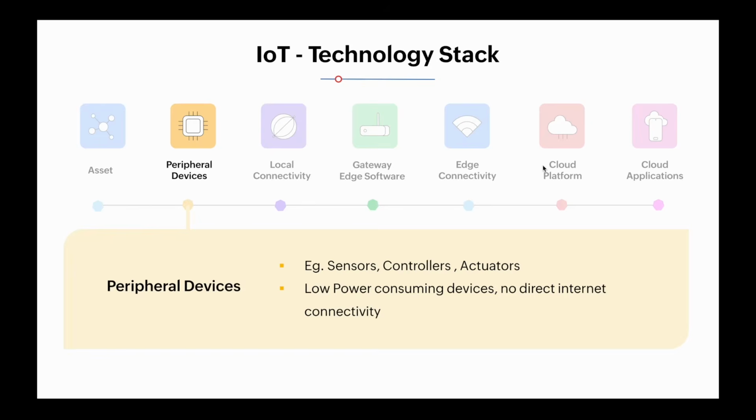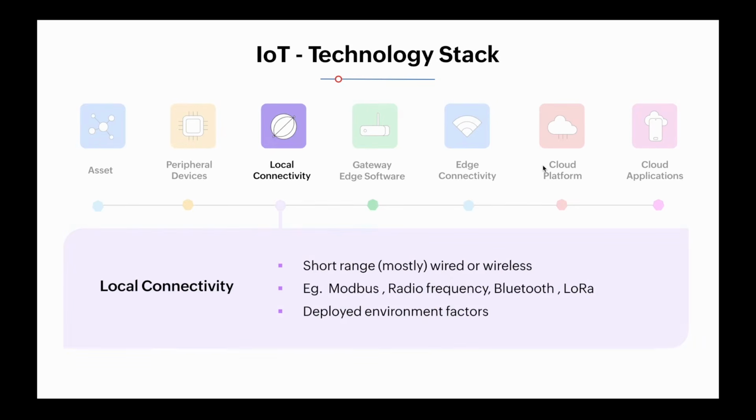Since the sensors are not able to connect directly to the internet, they provide local connectivity options through wired or wireless mechanisms. For wired, for example, there is Modbus, an industrial communication protocol used in factories where PLCs, pumps, and meters are all connected.